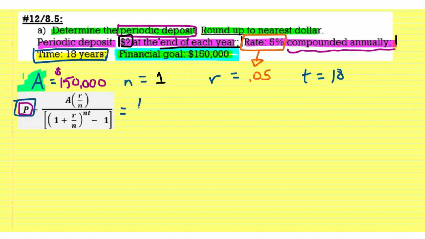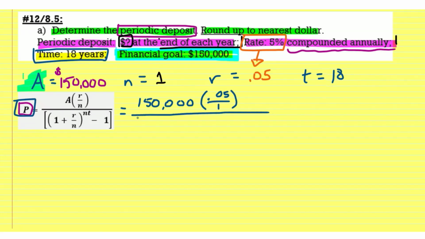Our financial goal is going to be 150,000. And we are going to multiply that times the rate divided by the compounding periods. So the rate is 0.05, and that's divided by 1 compounding period per year. Okay, and then that is in the numerator.